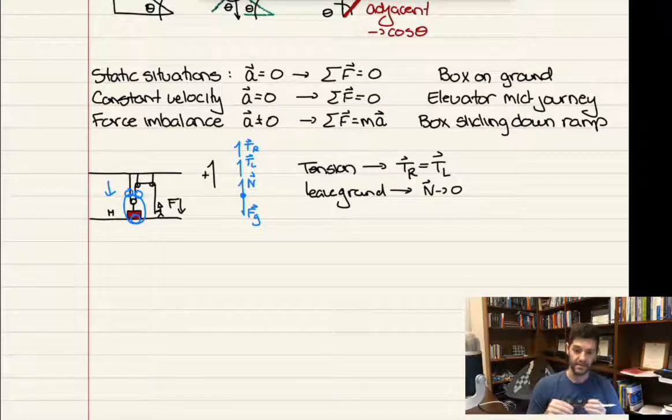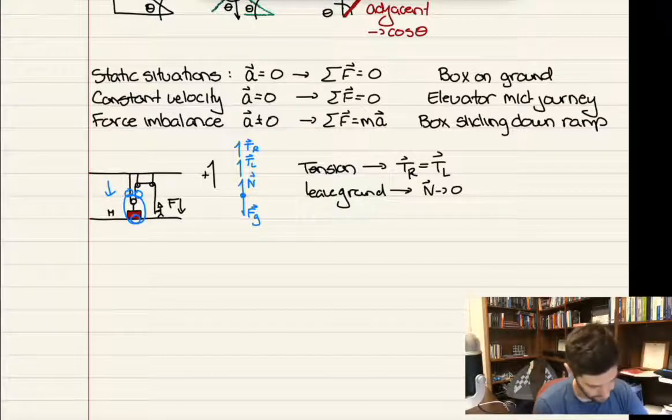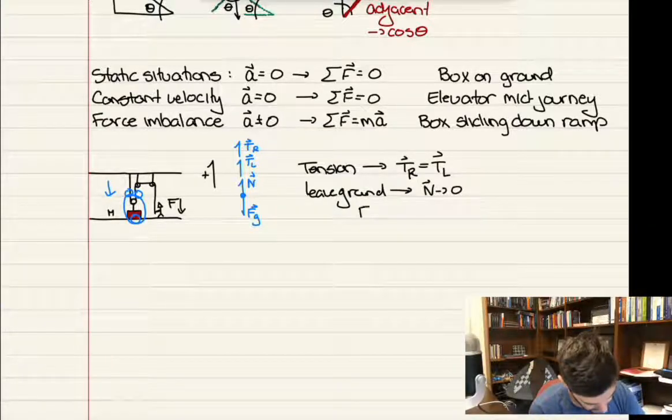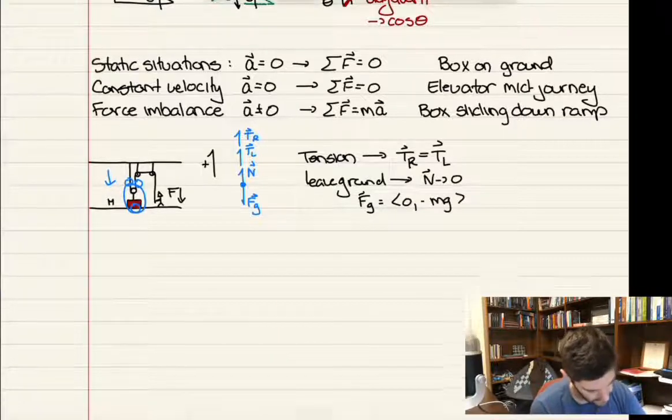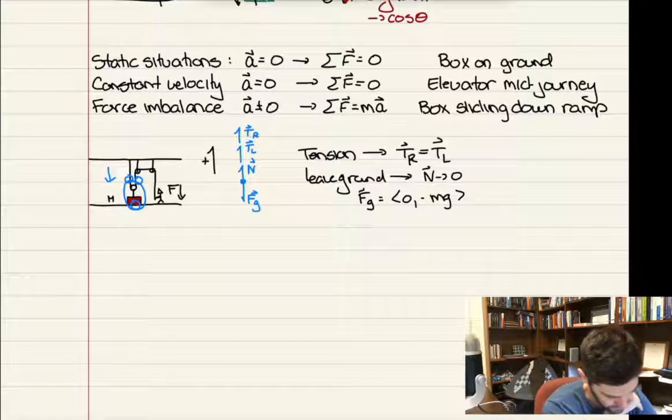So I actually can say something about the contact force. If it's just about to lose contact with the ground, then that contact force must be vanishing. And then, of course, there is gravity. And I think that's it for the system.